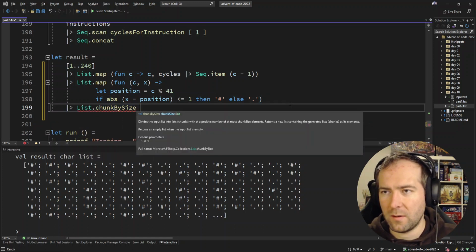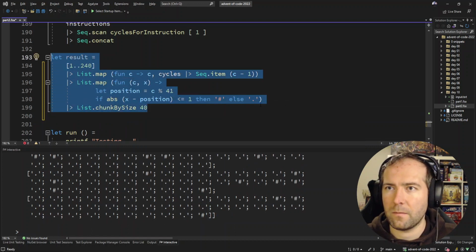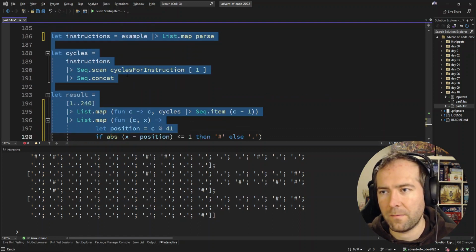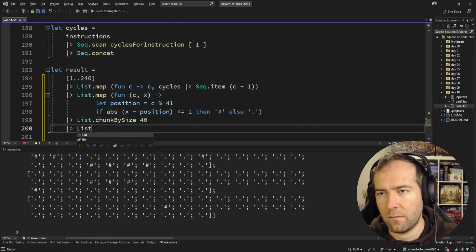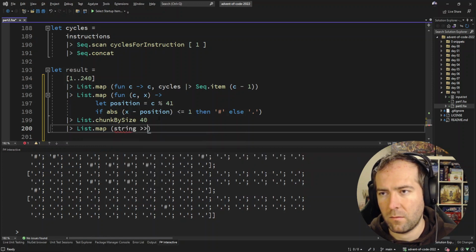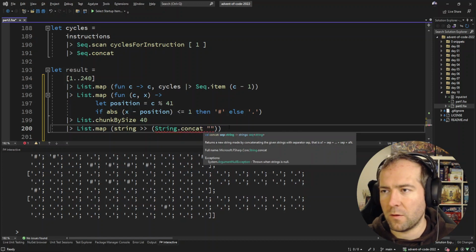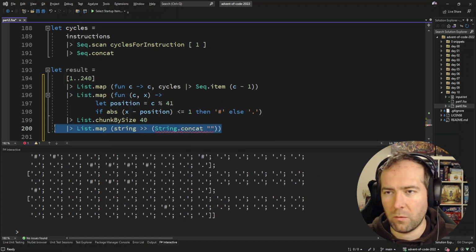Chunk by size 40. Let's work on our example. So we're looking at the same thing here. And then let's put everything together in a string. No? What do we have with these chunks?